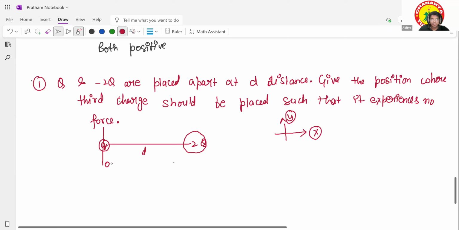This is basically the origin. So where should I place my third charge? One more thing, if you could remember, this one is negative.